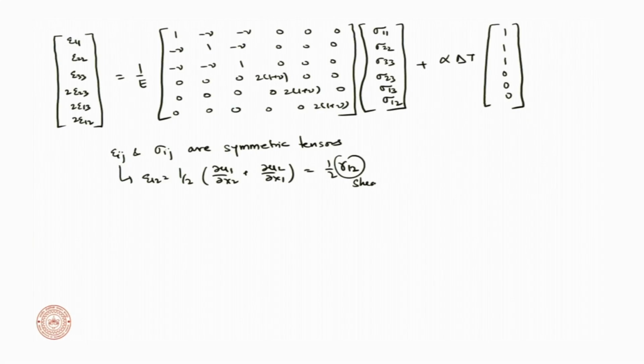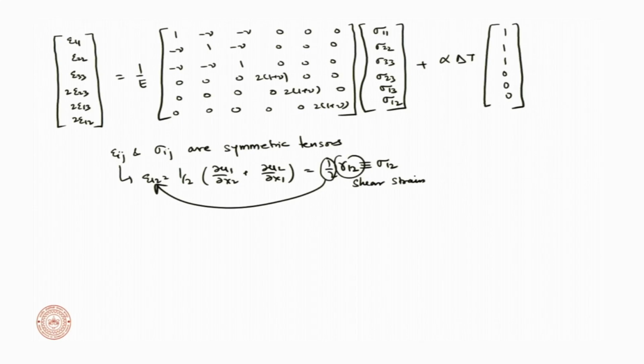This is our shear. If we want to relate this to our stress, then the shear stress relates to the shear strain, and this part itself is related to the sigma 12. So, this 1/2 term needs to be multiplied to this epsilon 12.